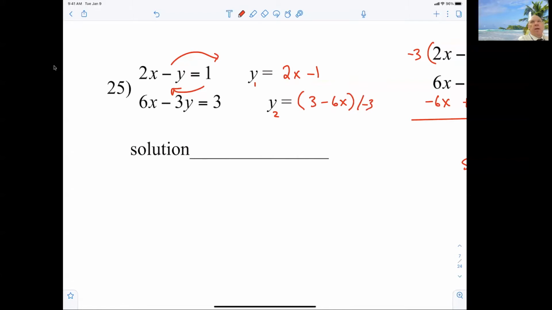Now, some of you are like, well, I like the positive. It doesn't matter. You get the same answer. Now, actually, when you divide by -3, it might be easier to see that this is just -1 plus 2x. So now you can confirm what we already know. Those are the same exact lines. Right? Is everybody okay with that? Any issues with that?